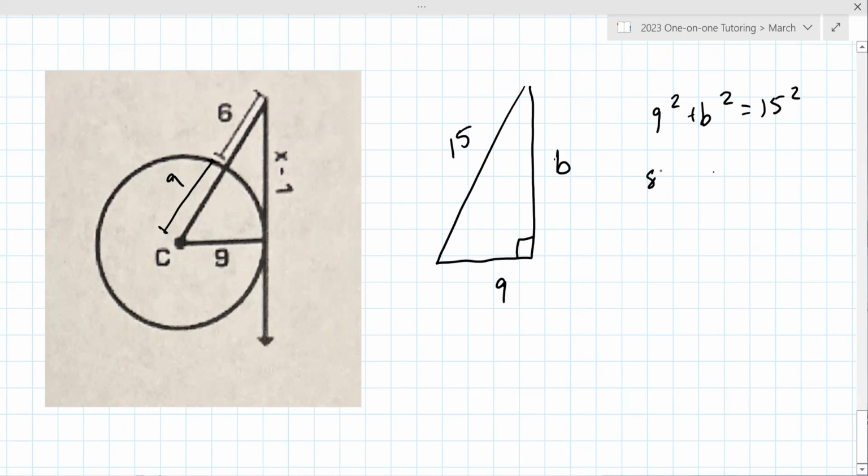Are you using a calculator? Okay, 225 minus 81 is 144. Oh, I put 255. Yeah, that makes sense now. So B is 12.